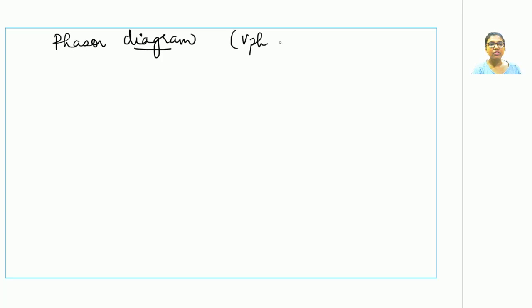So one knows that V phase is always the reference for drawing the phasor diagram for star or a delta connection. So what are we supposed to represent in our phasor diagram? VL, V phase, I phase. So first of all, we must draw a star connection.